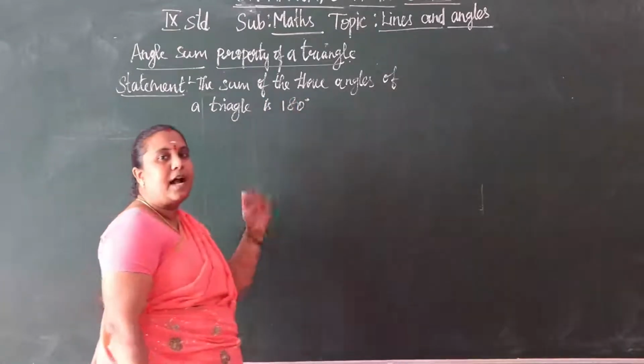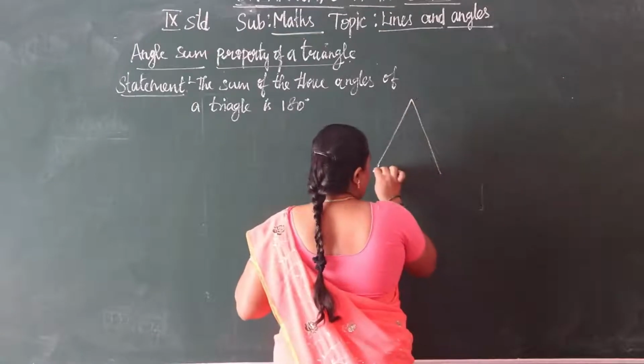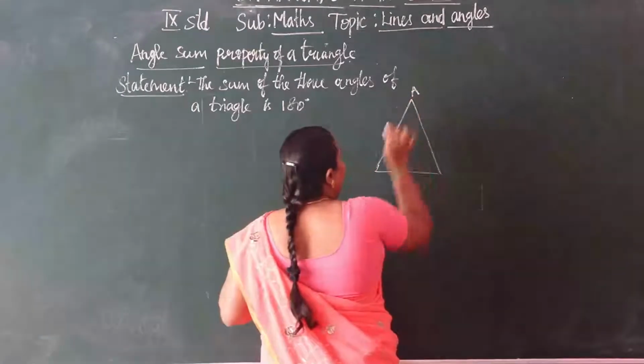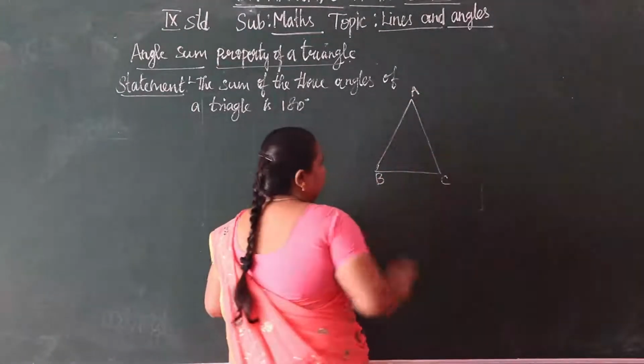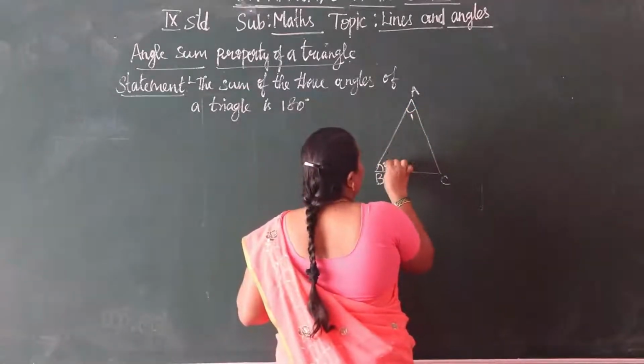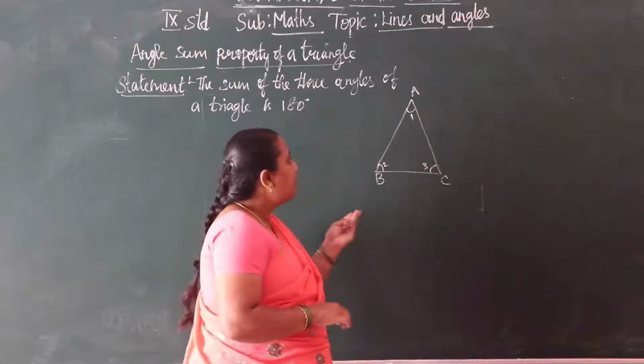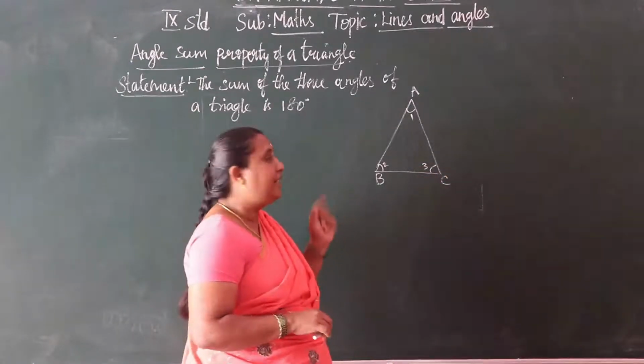That is, we are adding the three angles of a triangle. Okay children, A, B and C. See here angle 1, angle 2 and angle 3 we can take. So how many angles? 3 angles. The sum of the 3 angles of a triangle is 180 degree.